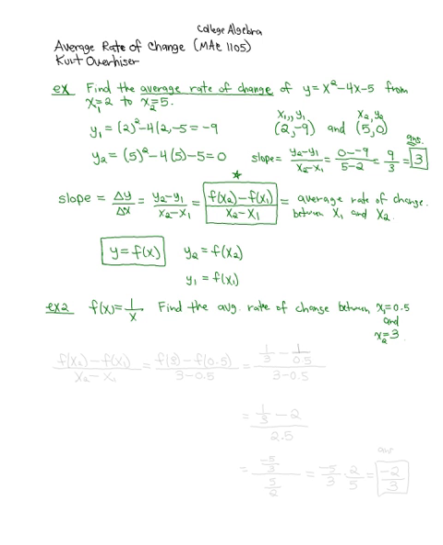So we start with the formula, f of x2 minus f of x1 divided by x2 minus x1. Since x2 is 3, we get f of 3 minus f of 0.5 divided by 3 minus 0.5.